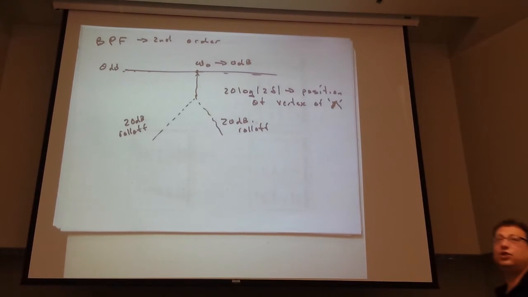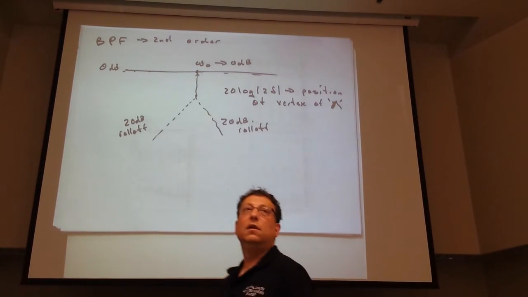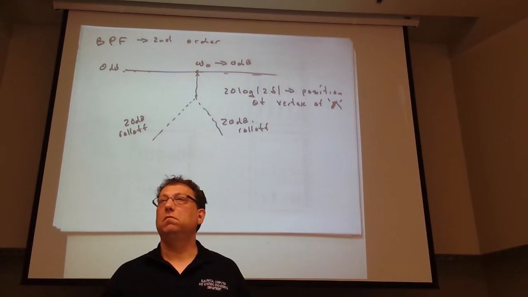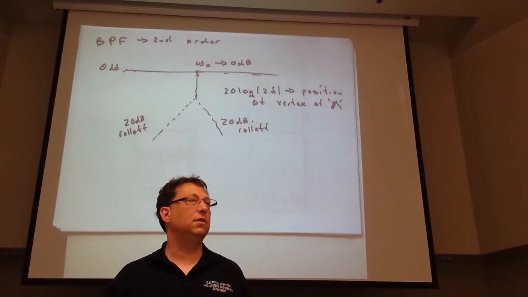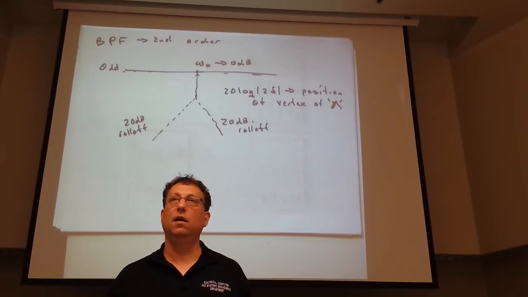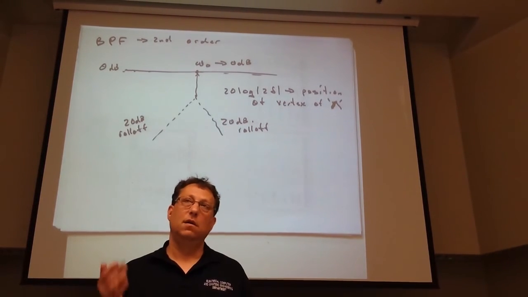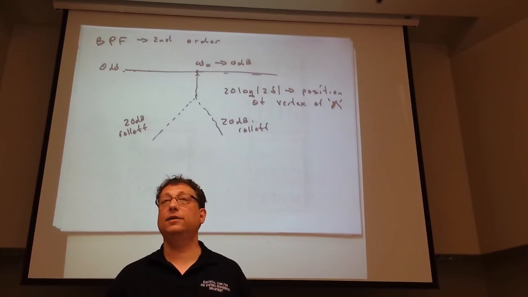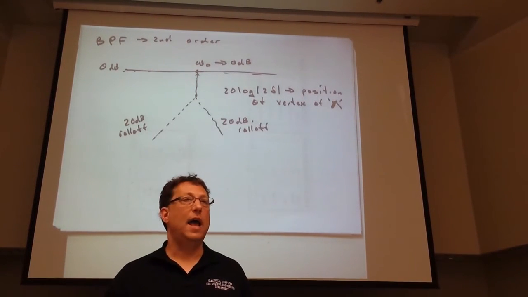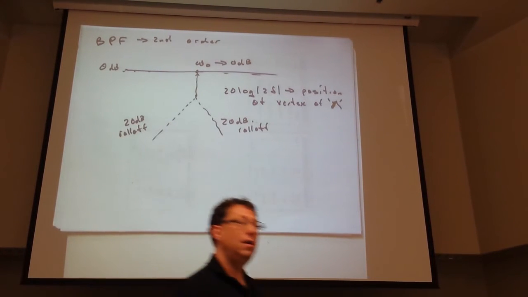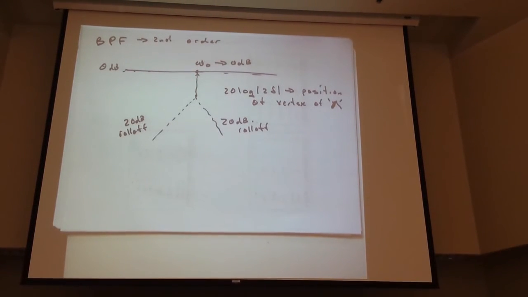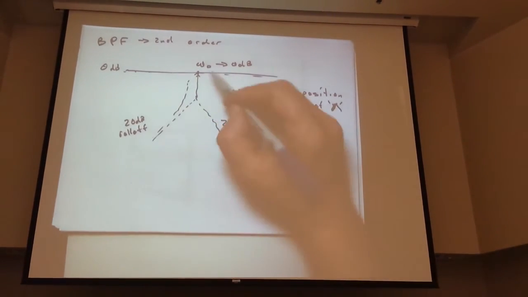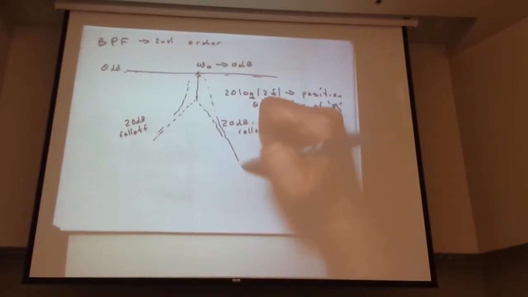So that's the position of the vertex of the V. And again, it can be greater than 0 dB if we're at critically damped. It's at plus 6 dB. If we're at a damping ratio equals to 1/2, it's actually at 0 dB. And as that damping ratio gets smaller, as you underdamp more and more, it moves down. So in our little plot here, this would be strongly underdamped. And you could sketch it out, something like that.